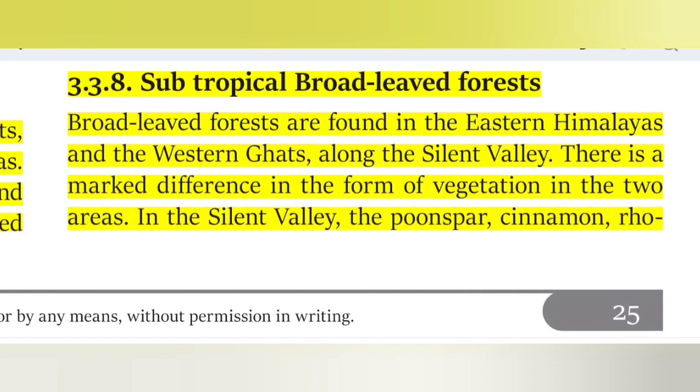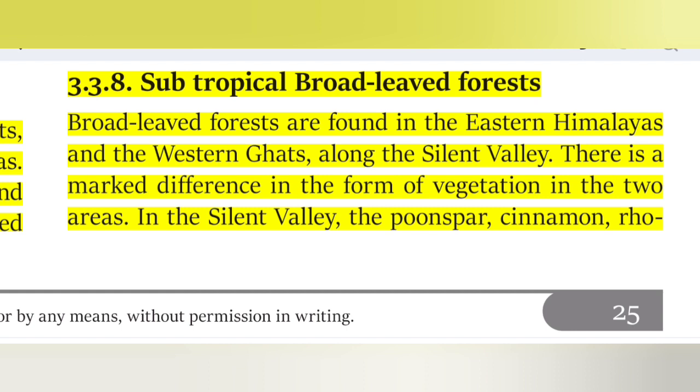Next, subtropical broad-leaved forest. Broad-leaved forests are found in the eastern Himalayas and western Ghats. So broad-leaved forest जहाँ पे लीफ बहुत बड़ा बड़ा होगा. Broad-leaved forests are found in eastern Himalaya and western Ghats along with Silent Valley.